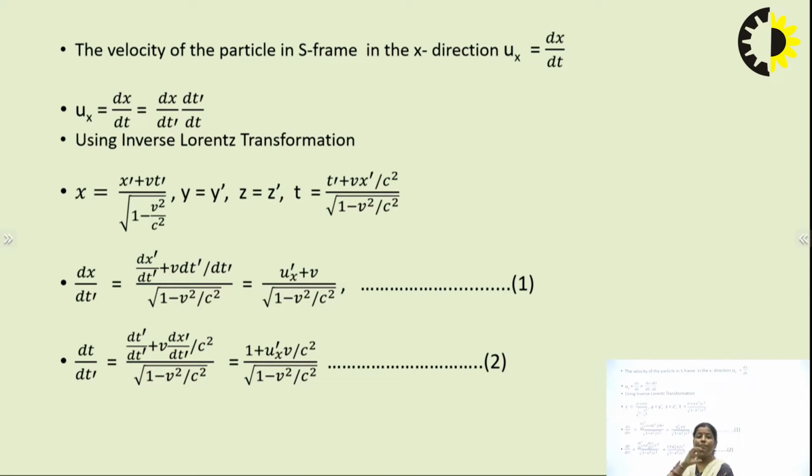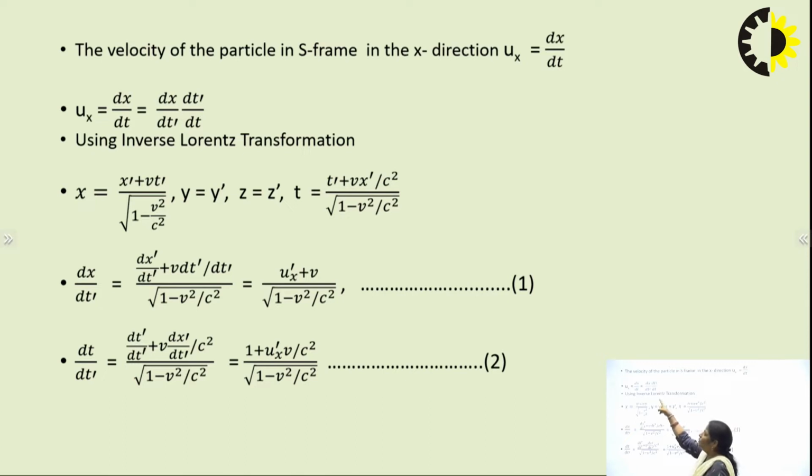In its place, it has a variable of time t dash. Therefore, we have to break this part dx by dt and write it as dx by dt dash, and then further differentiate this dt dash with respect to t. This type of differentiation is done when we have one variable in terms of the other, all right.